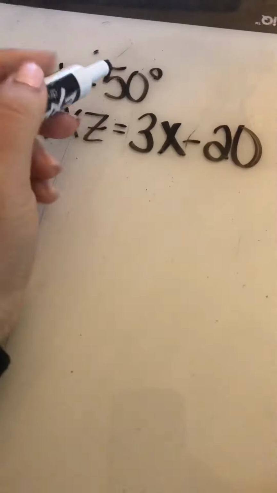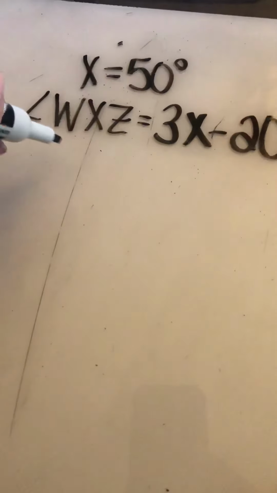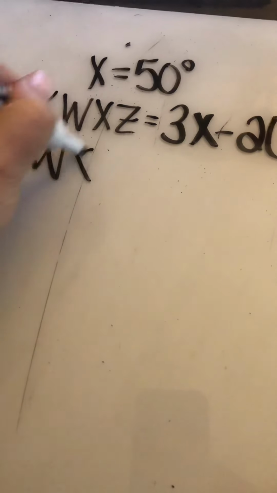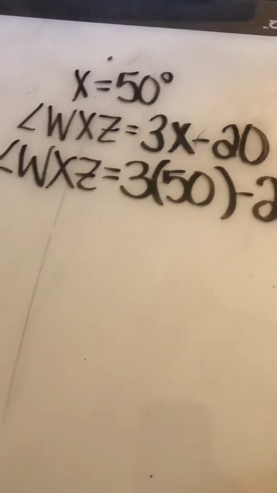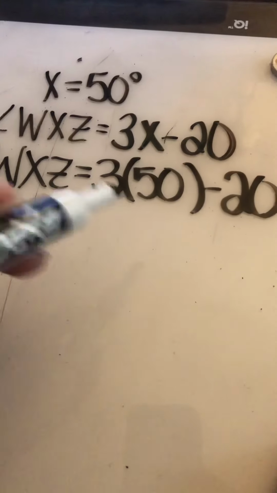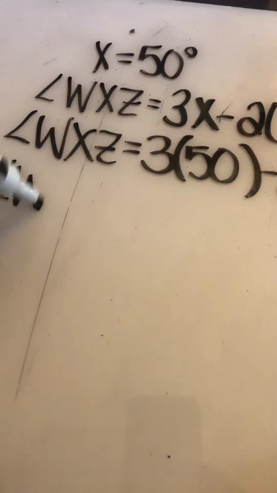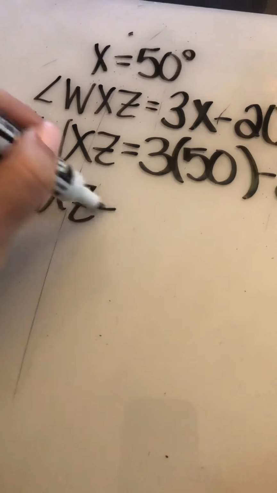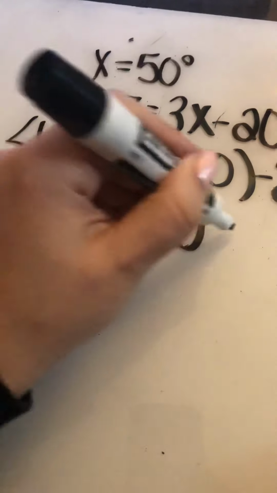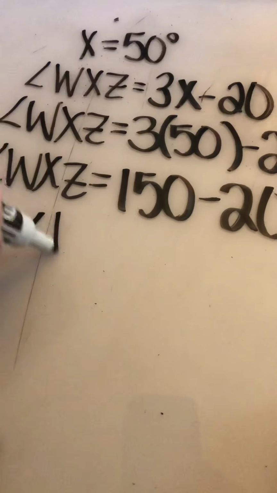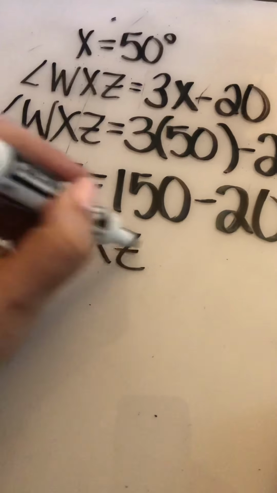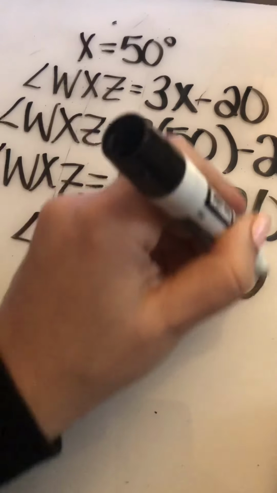I'm going to now plug in 50 for X. So angle WXZ equals 3 times 50 minus 20. Order of operations, I would multiply first. So we'll get WXZ equals 150 minus 20. So our final answer will be angle WXZ equals 130 degrees.